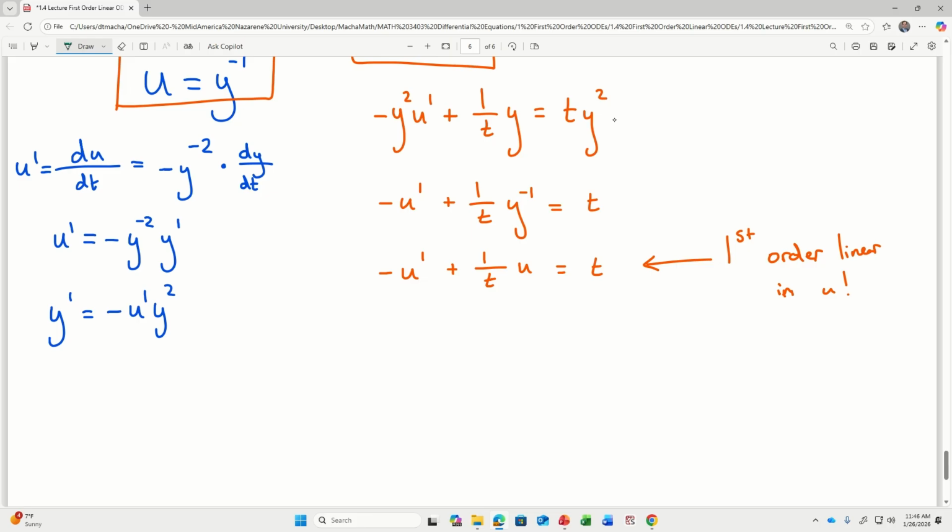Okay, so let's pop in that integrating factor, you know. Don't get your mu's and your u's mixed up. And we need mu such that the derivative of negative mu is equal to mu times t to the negative 1 power, or mu over t.